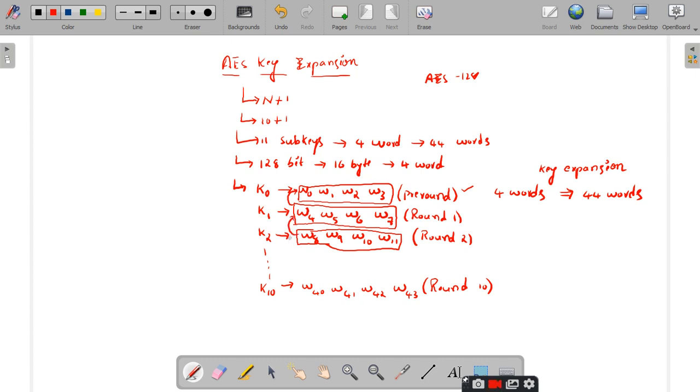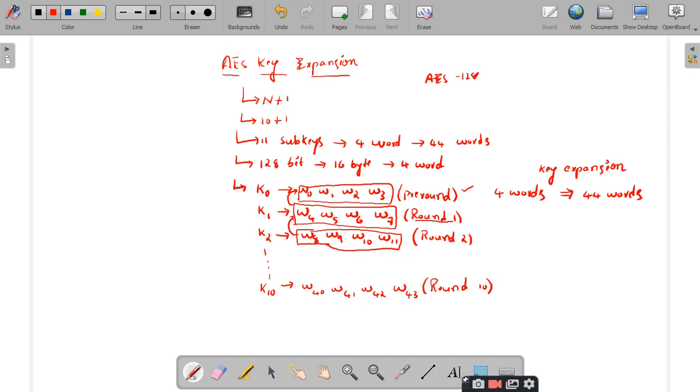So you should understand one point here: the words of the key of one round are dependent on the words of the key of its previous round. So the round 1 key is dependent on the pre-round. Similarly, the round 2 key is dependent on round 1. Round 3 key is dependent on round 2.